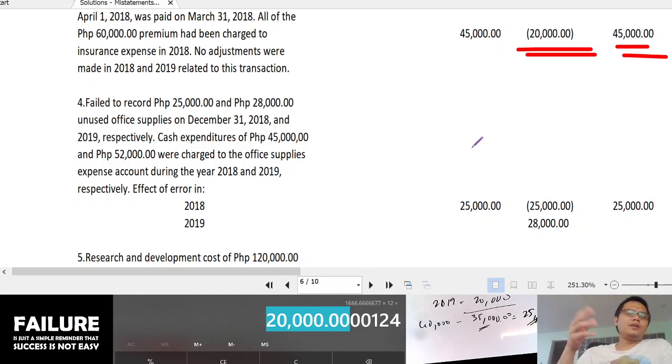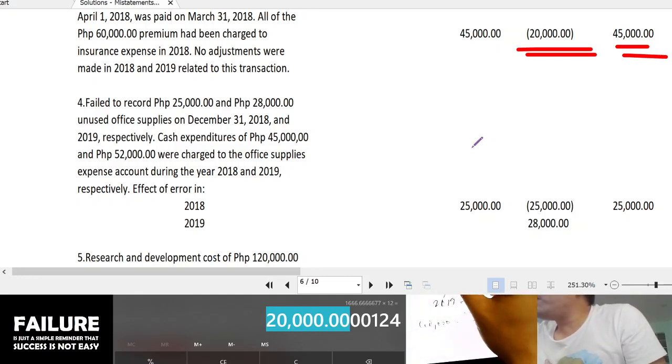So if we fail to recognize an unused supplies, what is the effect of that error?